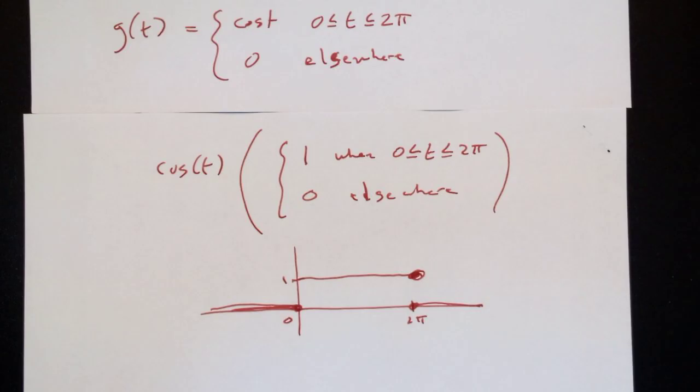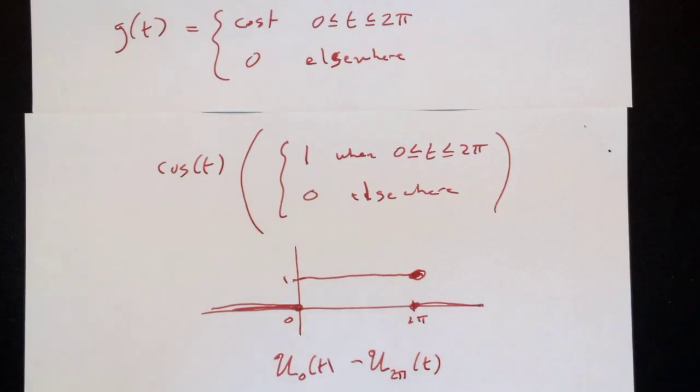I'm going to turn it on at 0, so I know I'm going to need U0 of t to turn it on. Once I do that, I've got a switch that's going 1, 1, 1, 1 until I hit 2 pi, at which point it should be going 0, 0, 0. So I need to cancel out the one that's turned on, right? So I'm going to subtract 1, but it's not going to turn on until 2 pi. It's off, it's off, it's off, it's on. It stays on, and then I subtract another 1 and it goes back to being 1.